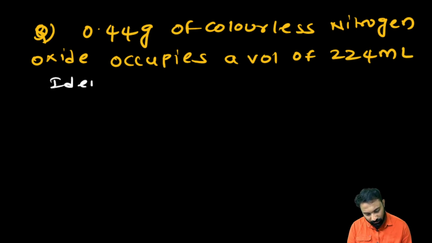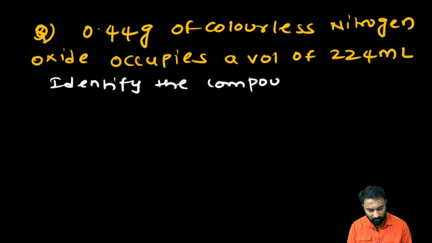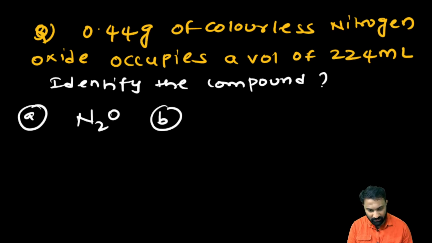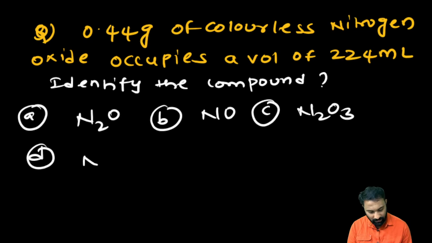Identify the compound. Right? A is N2O, B is NO, C is N2O3, D is NO2.